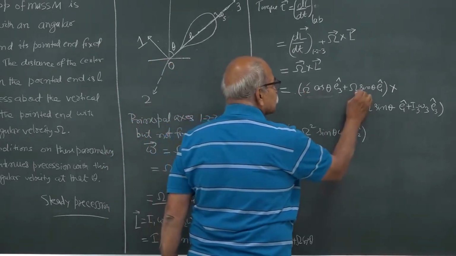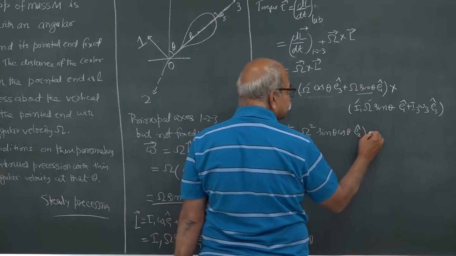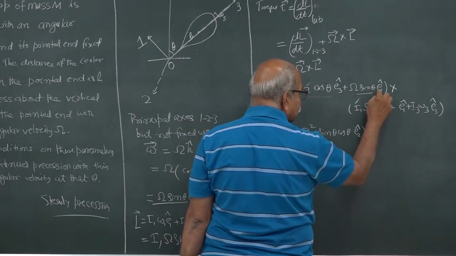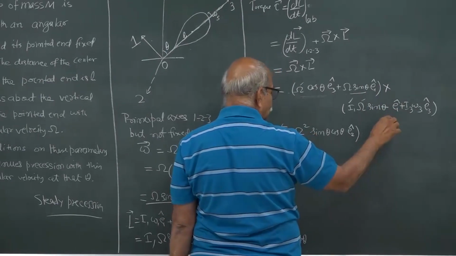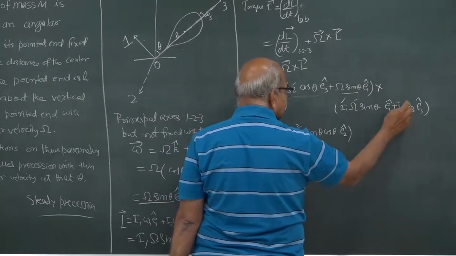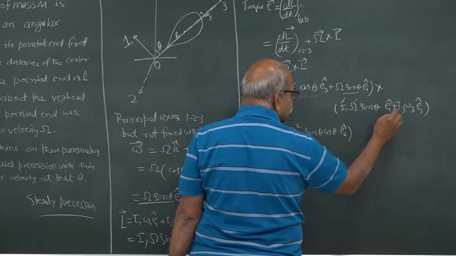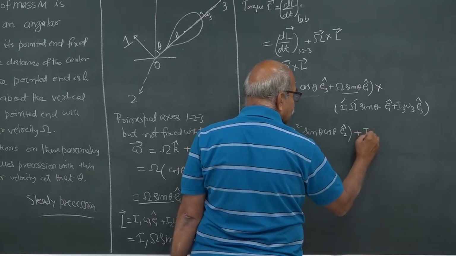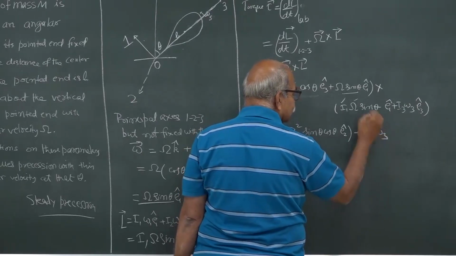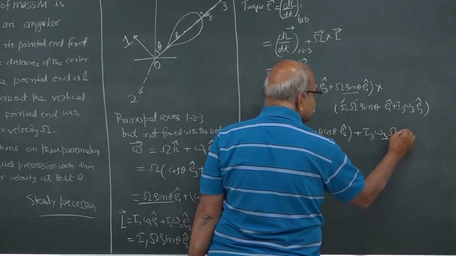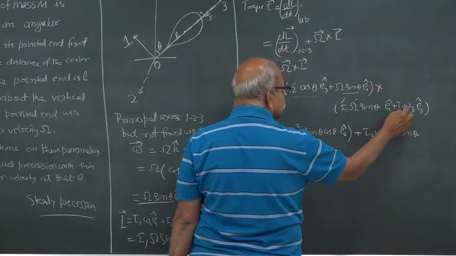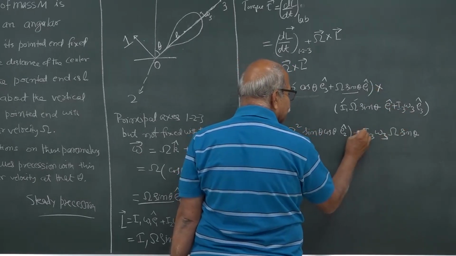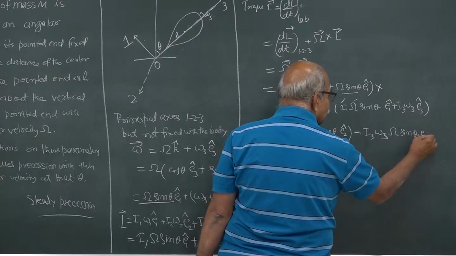Now, come to this. E1 cross E1 is 0, and therefore it is this cross this. So it is I3 omega 3 capital Omega sin theta, and E1 cross E3 cap is minus E2 cap. So it is minus here and E2 cap here.